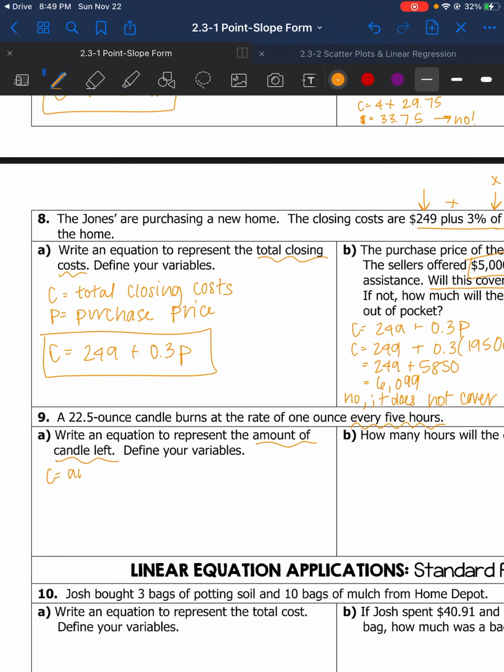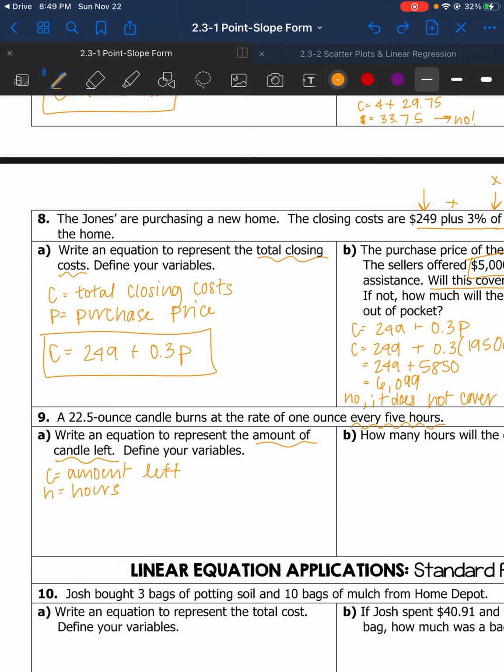So C is equal to amount left. Then for every 5 hours, we'll say H is our hours. We want to be able to put in just 1 hour, however many hours, so we're actually going to divide that by 5.